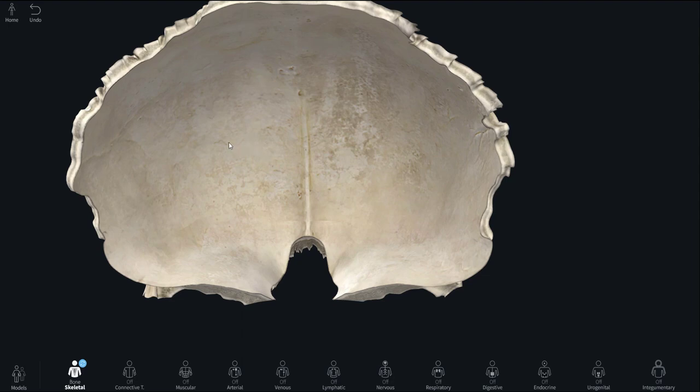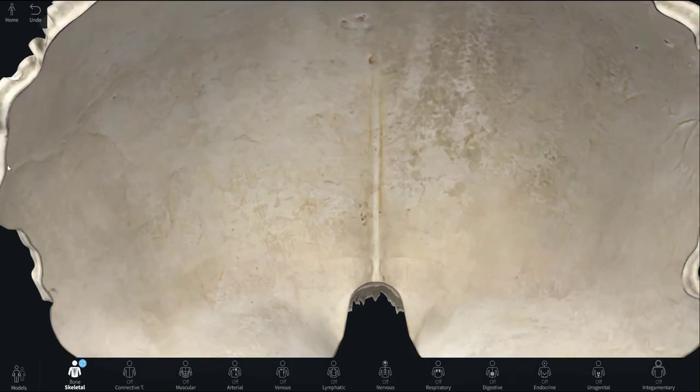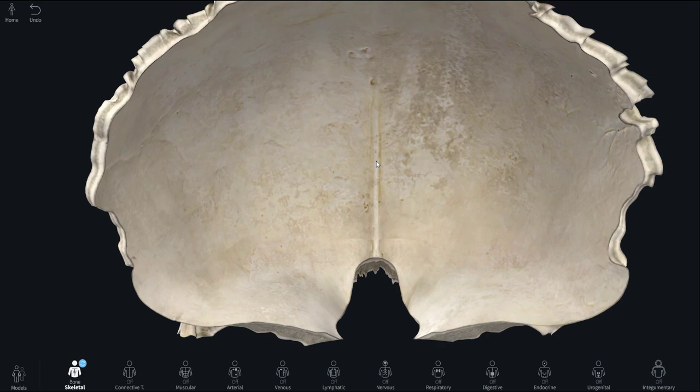Also, you can make out some lines over here, very faint. These are the vascular markings due to the underlying meningeal vessels.